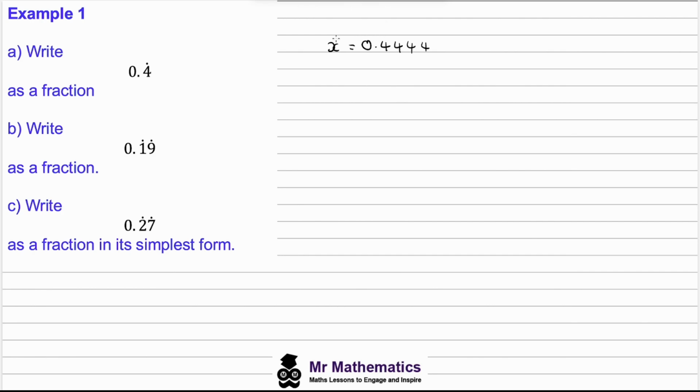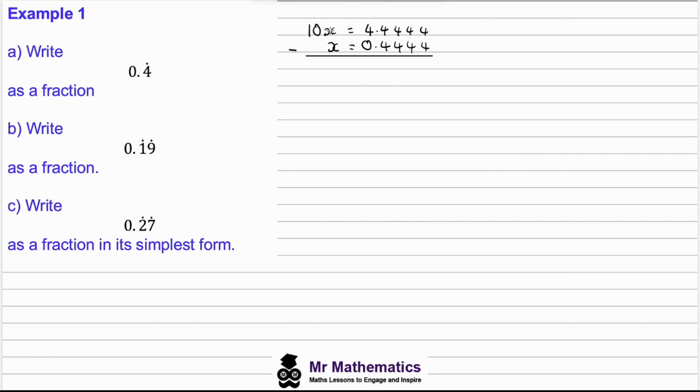So because of this, we can multiply this x by 10. And we get 10x. And when you multiply this by 10, all the 4s move across by 1. So we get 4.444, and so on. Now, what we need to do is to eliminate the recurring 4s. So we can find the difference between them.